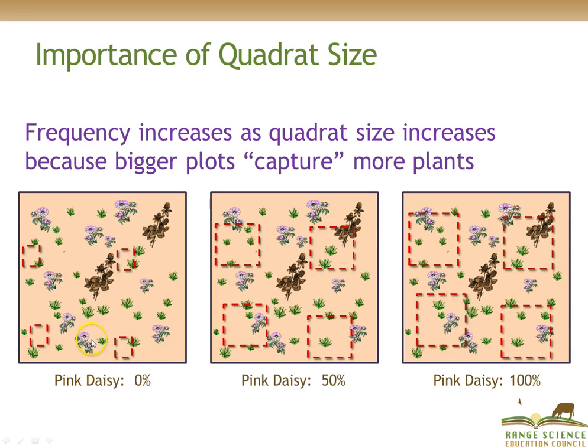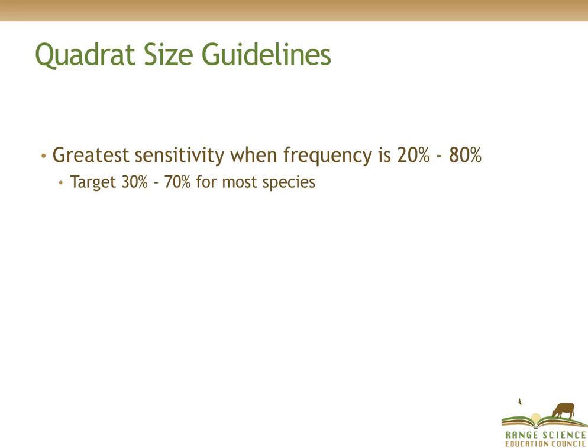There's no difference between the actual vegetation community here, but the measurement of the pink daisy frequency changes with changing the quadrat size.